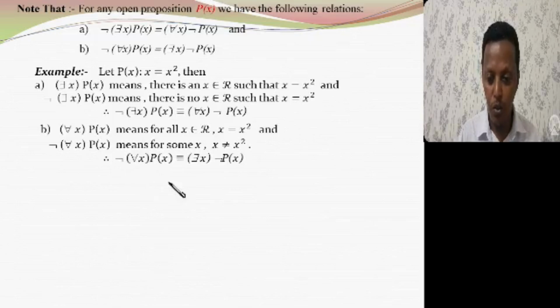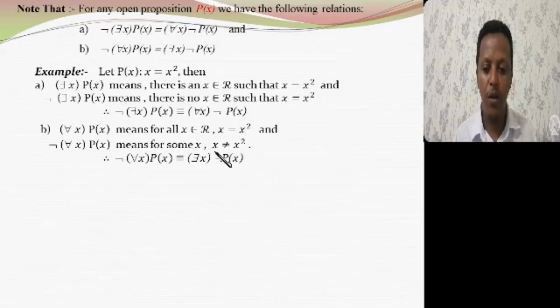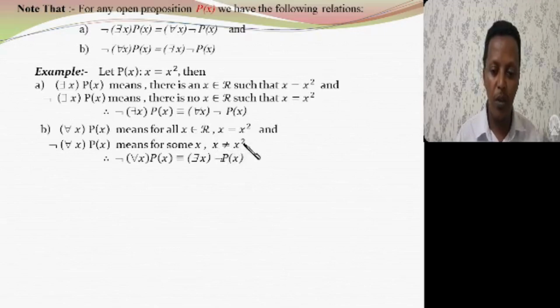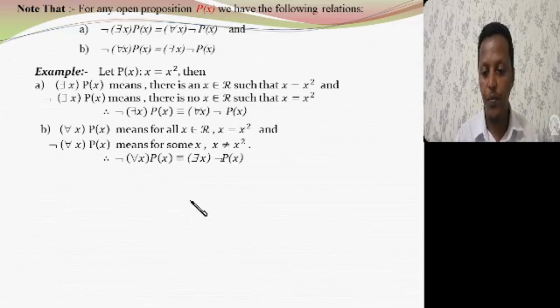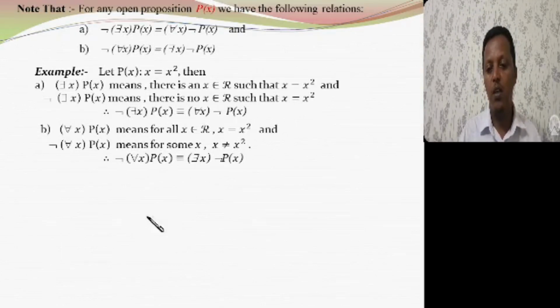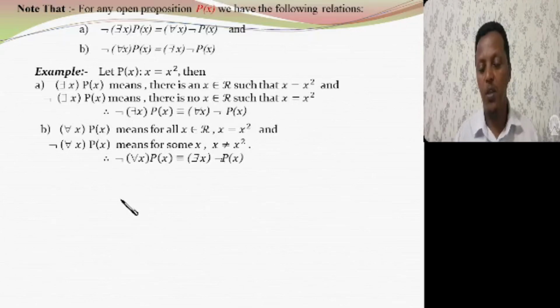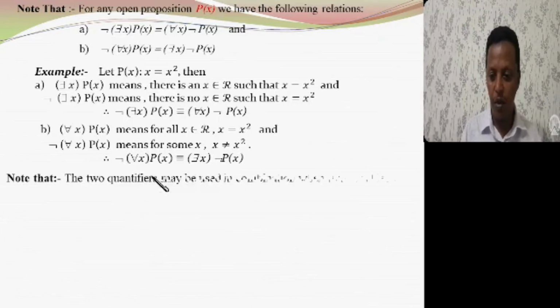True. This is true, because there exists at least one real number that is different from its square. True. So in this way, you can relate existential with what? The universal quantifier.